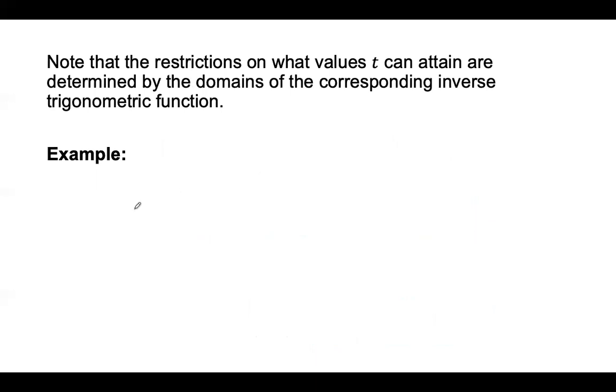Some examples where we have to be careful. Let's say we take cos of cos inverse of 1/2. Well, that's just going to be equal to 1/2 because this is in that domain.